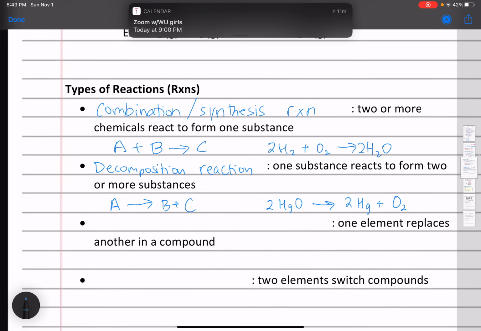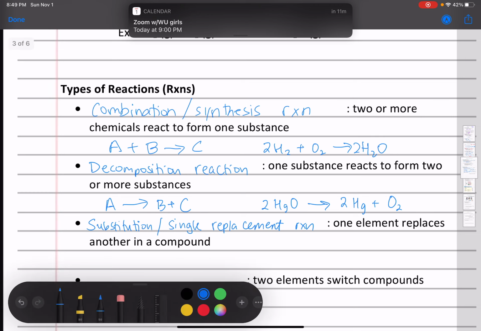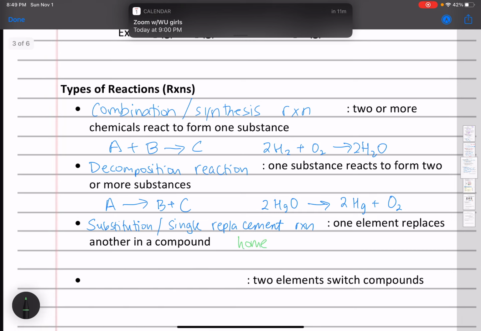Then we have the replacement reactions. So the first kind, we call this either a substitution reaction, or a single replacement. Sometimes it's called a single displacement. So single replacement or single displacement reaction. And this is one that I like to affectionately refer to as a homewrecker reaction.